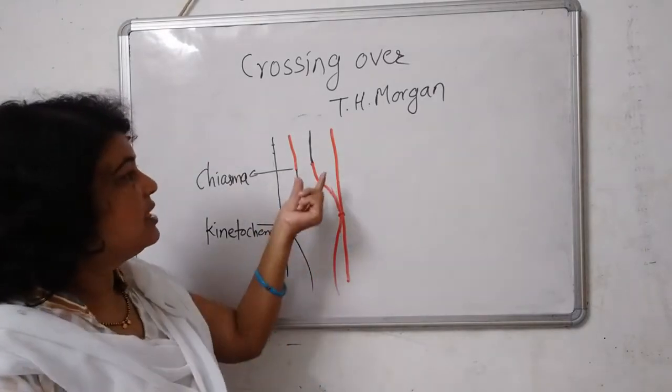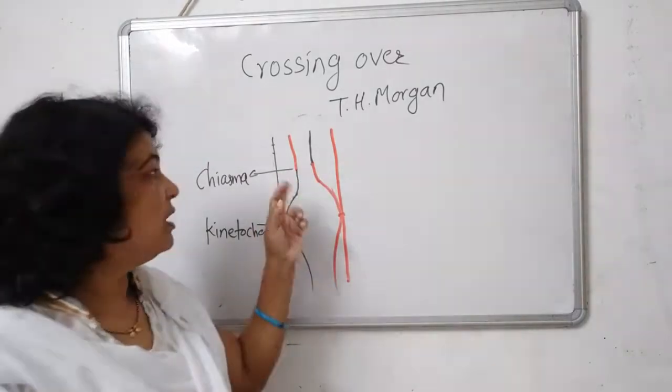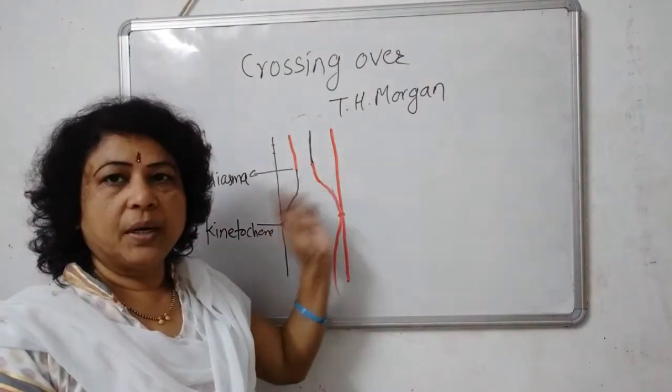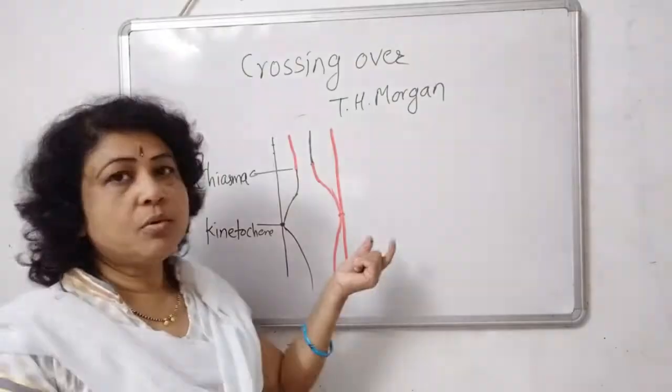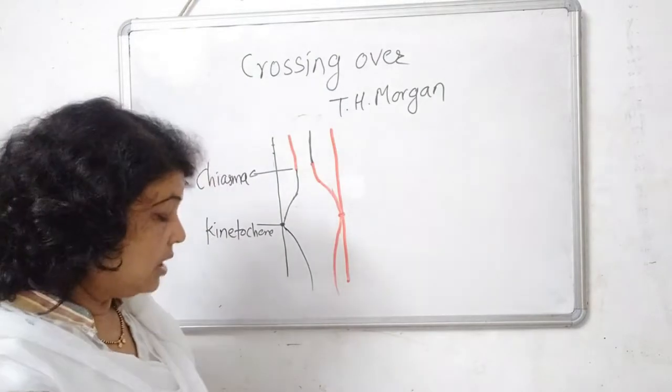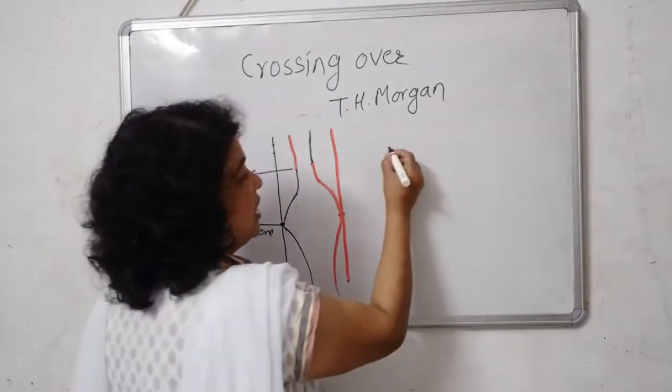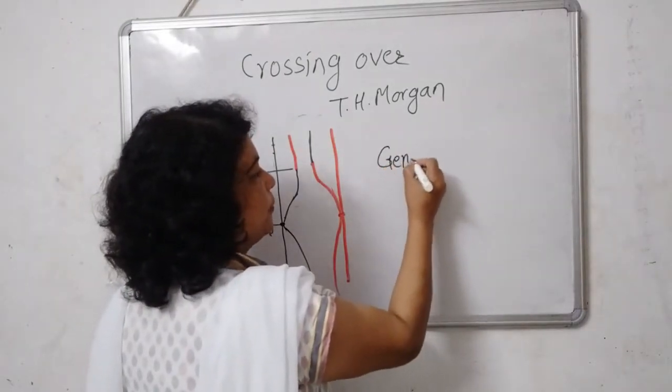In this way there is an exchange of segments in the non-sister chromatids, and crossing over is the cause of genetic recombination.